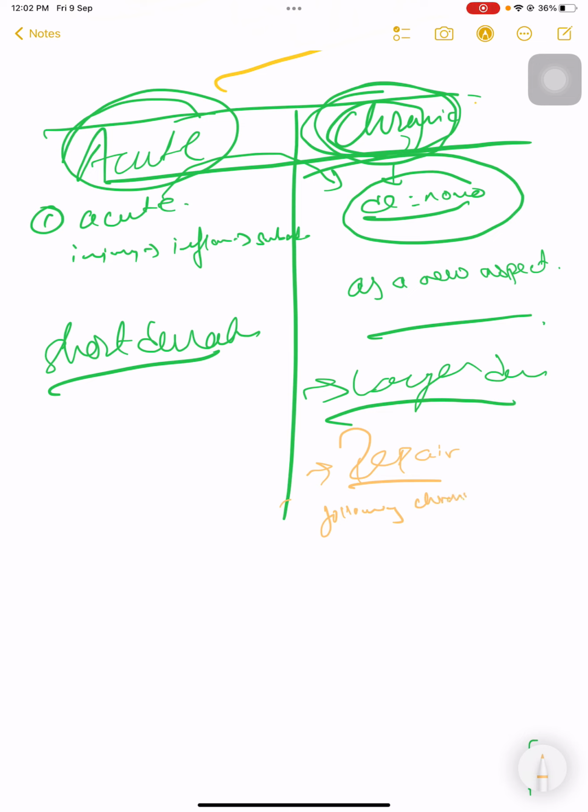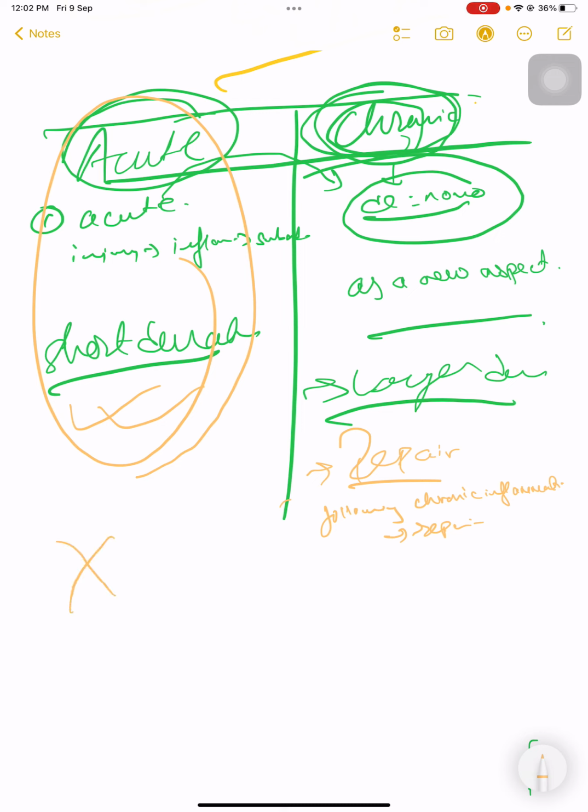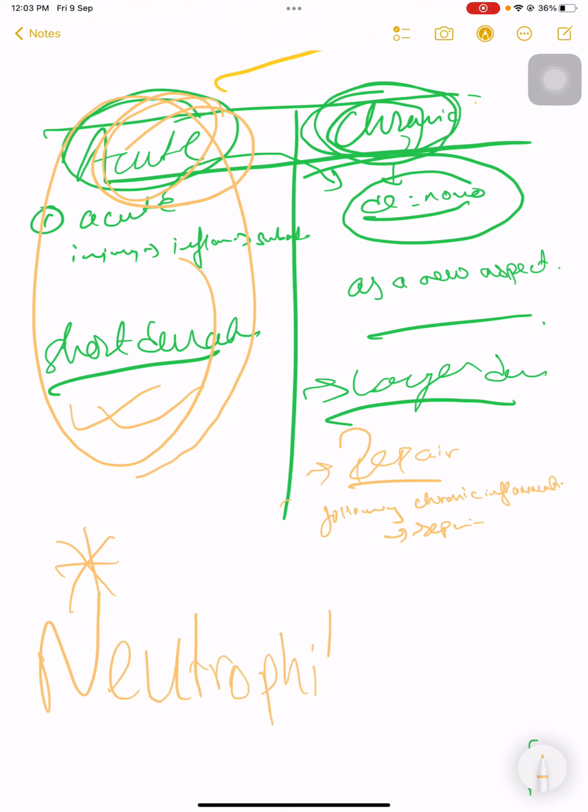But there is no such associated repair with acute inflammation. And the most important point, which should never be missed, is that acute inflammation is associated with neutrophils, and chronic inflammation is associated with the macrophages.